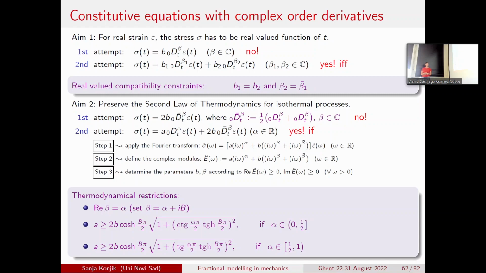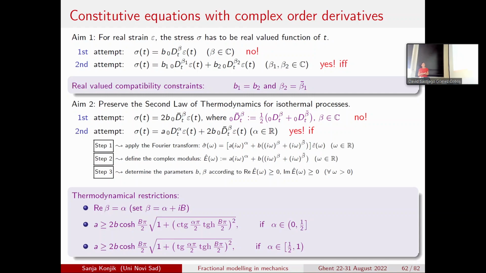So these physical requirements and also mathematical requirements coincide very nicely in those models. And so, as a conclusion, if we want to consider a constitutive relation between stress and strain using complex order derivatives, such a relation should be in this form.